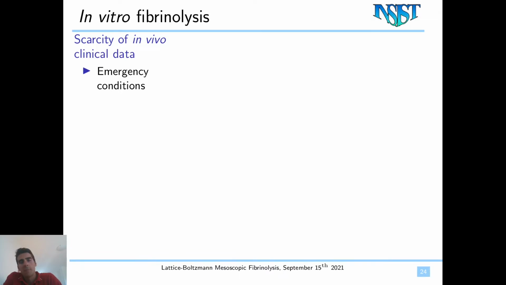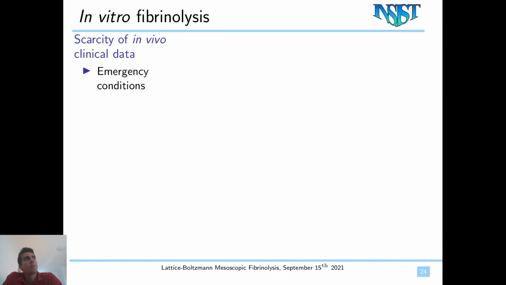But then what we did actually to calibrate the model is to compare it with in vitro fibrinolysis experiments done by our partners at the University of Brussels. Why? Because it is very hard to get in vivo data for modeling.